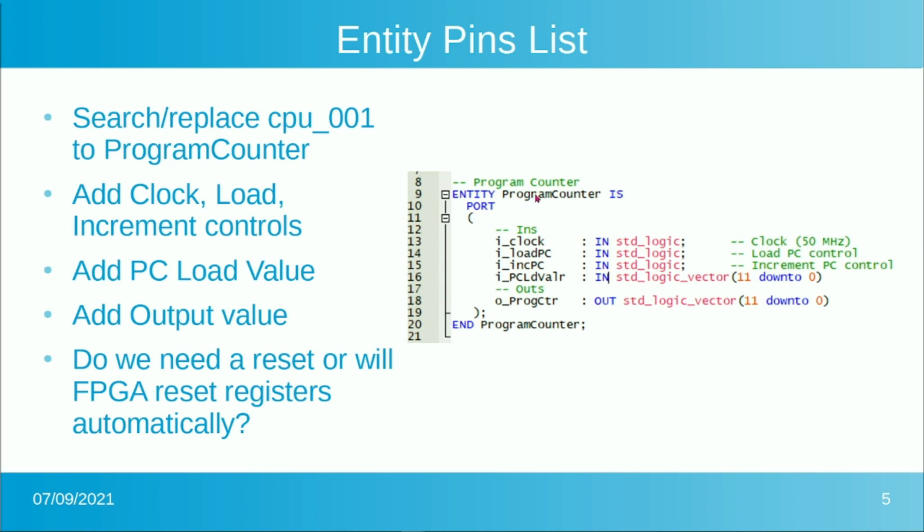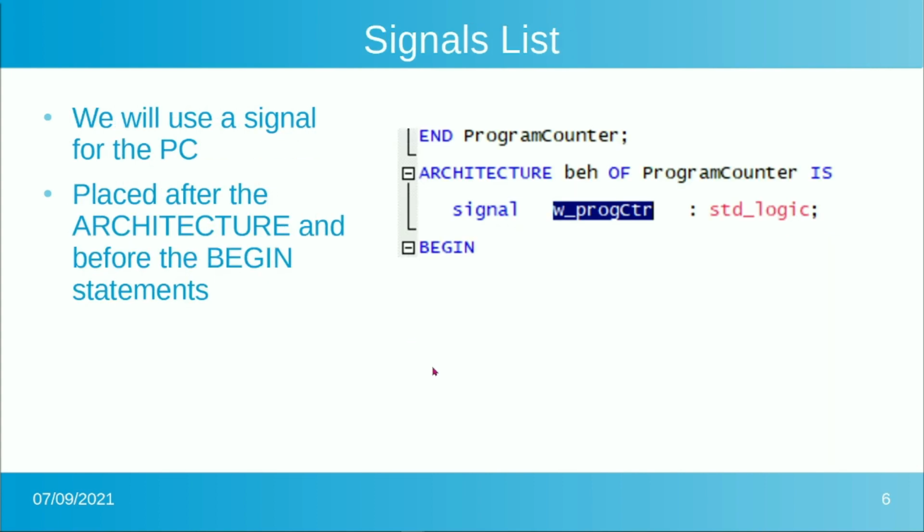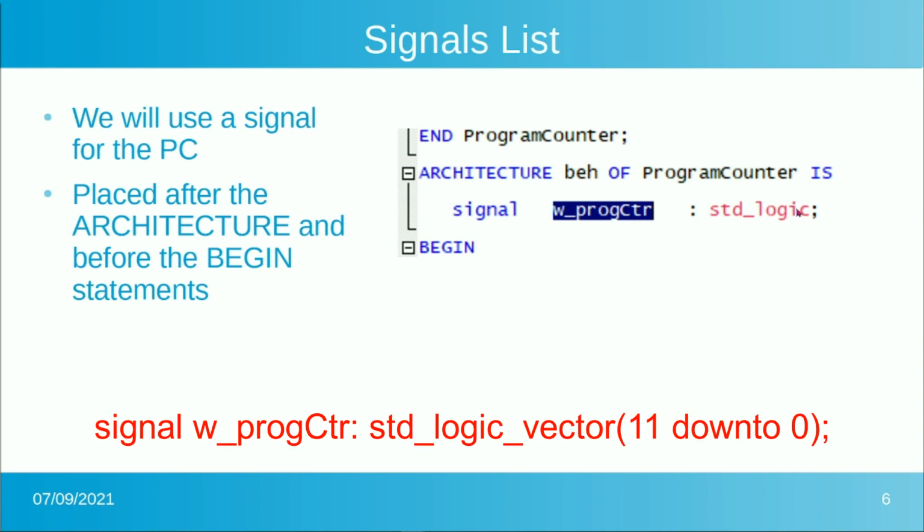And of course, again, we're bounded in the entity. Program counter is defined as these pins, and the end will have that program counter as well. We need a single signal that is the program counter itself. I believe this gets changed as we go along here to be a standard logic vector as well. It doesn't have direction because it's just a wire, and wires don't have directions.